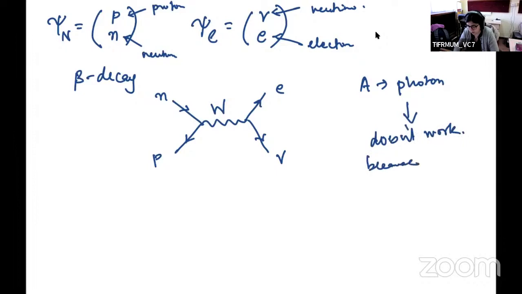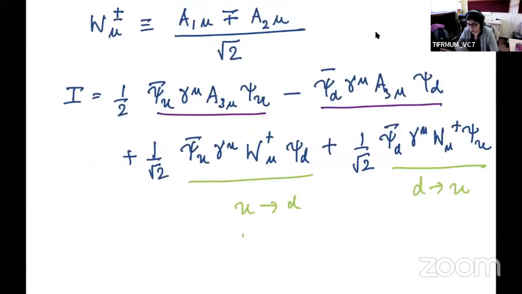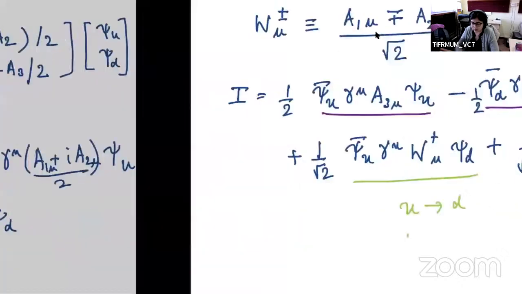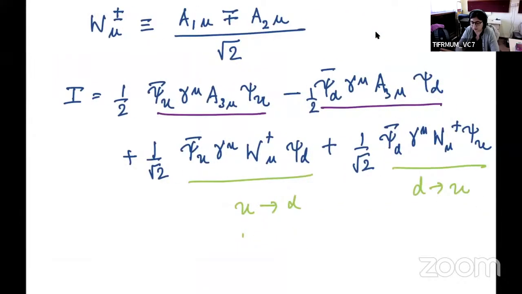So it doesn't work because N and nu couple to it. So in the language of our charges that we had earlier, what we have is this U comes with a charge of plus half and D comes with a charge of minus half, right? And you could actually artificially just add an extra charge in there, which would be a factor 2. So then you could have U of charge plus 1 and D of charge minus 1.